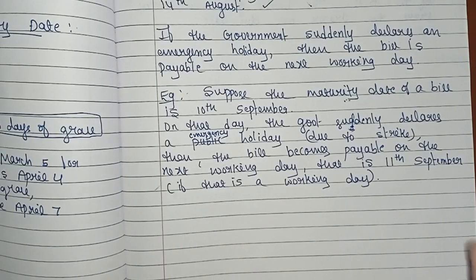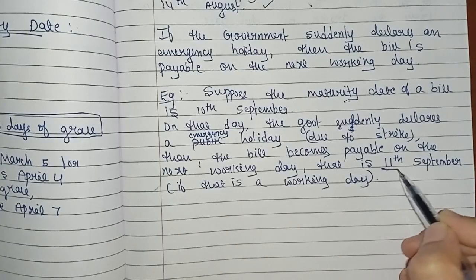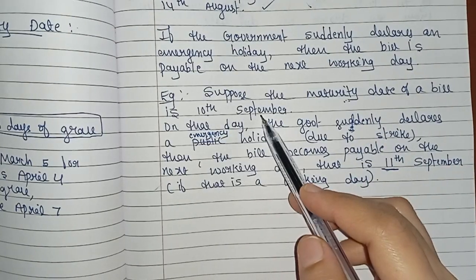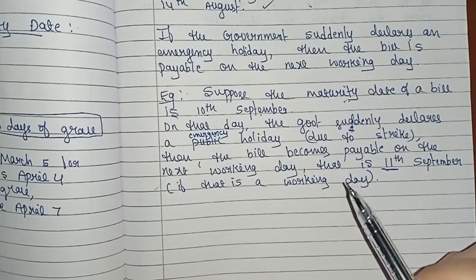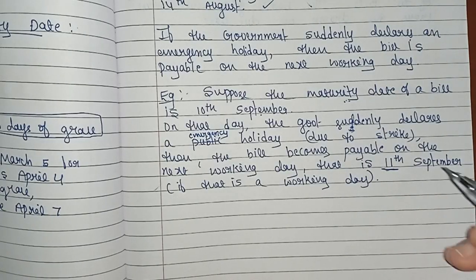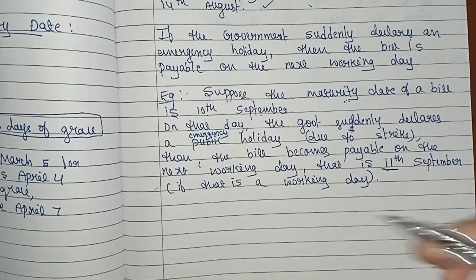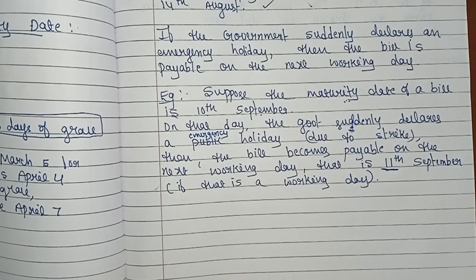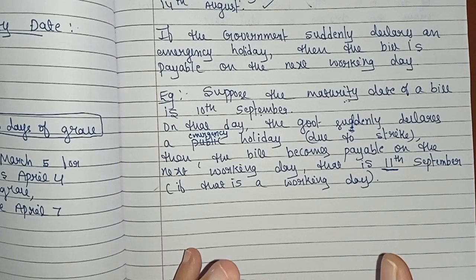Then the bill becomes payable on the next working day, that is 11th September. The maturity date is 10th September, but because the government declares an emergency holiday due to strike, the bill becomes payable on the next working day, 11th September, only if that is a working day. You should remember that.